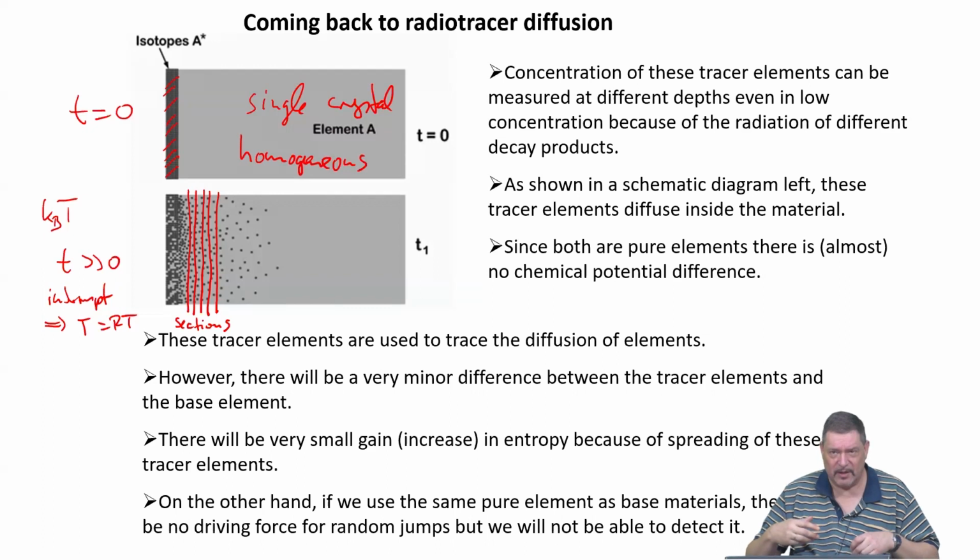So you can measure quantitatively concentrations of radioactively marked atoms 10 to the 4 to 10 to the 5 lower concentrations as compared to any mass spectrometry. And this is the reason why people use radio tracer diffusion, just because you can measure much more accurately and with much lower concentrations of these marked atoms inside of your material.